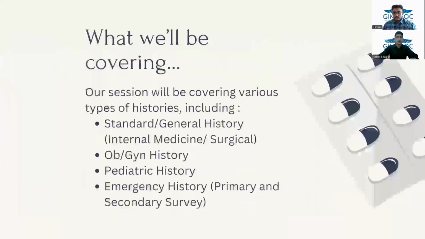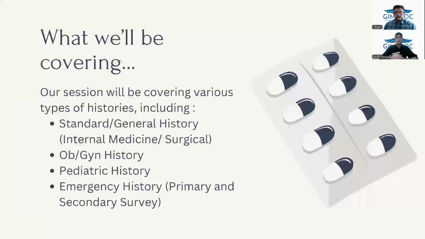What we'll be covering today is a standard or general history. This is usually the format that's used in an internal medicine setup or a surgical setup, because the format goes hand in hand with them. An OB/GYN history is quite different from your usual history because you have to ask specific questions with respect to obstetrics and gynecology. Pediatric history is very different.